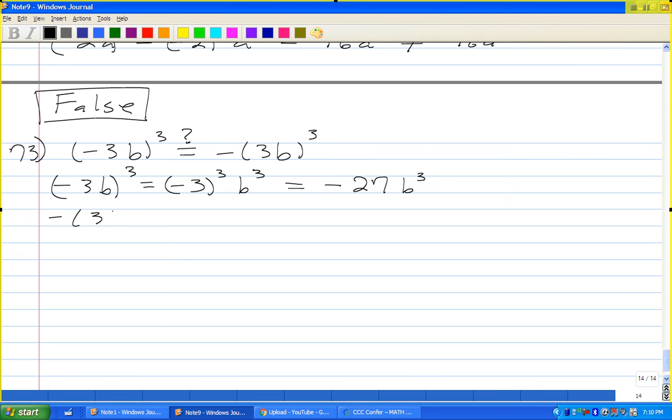Negative 3b cubed is negative 3 cubed b cubed, where 3 cubed is 27 b cubed. So these are equal, and so this is a true statement. So yes, these are both the same.